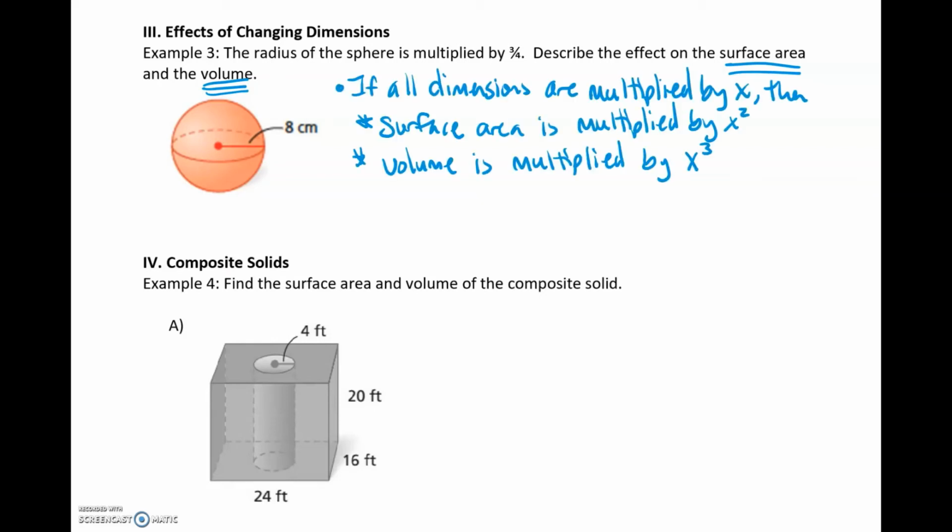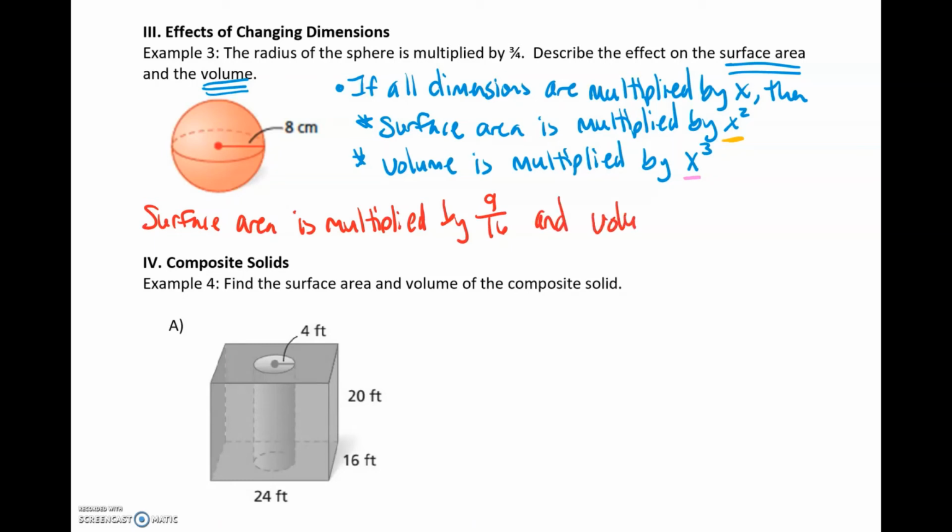So again, if all dimensions are changed, when you think area, area is still area, it hasn't changed from before. We're going to square the factor. Volume, think the units, it's cubic, so we're going to cube the factor. So for this problem, if the radius is multiplied by 3/4, surface area is multiplied by 3/4 to the second power, so 9/16.